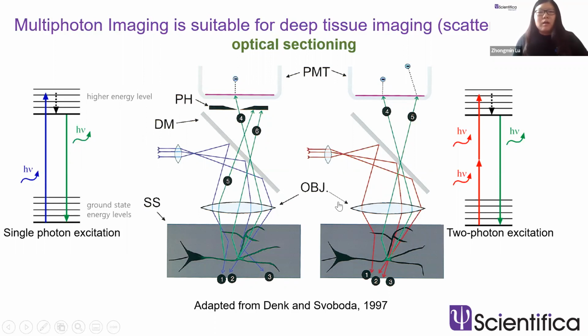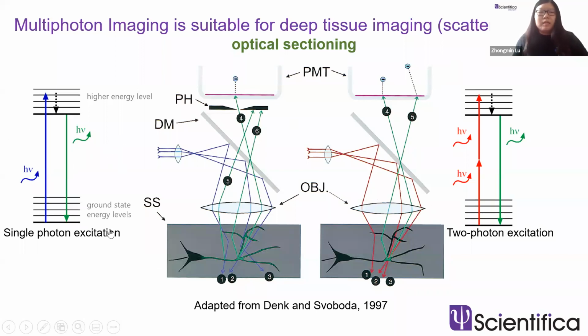So this is a parallel comparison between single photon excitation, like confocal microscopy, and multiphoton microscopy, like two-photon microscopy. The major difference is the way it excites the molecule.